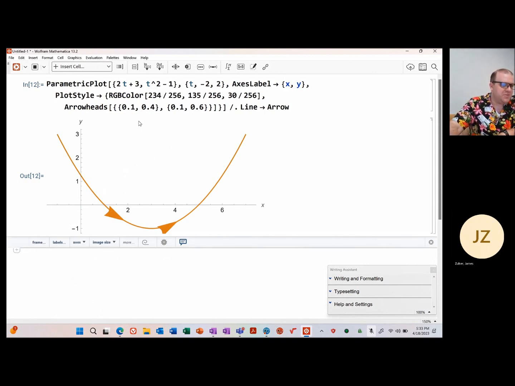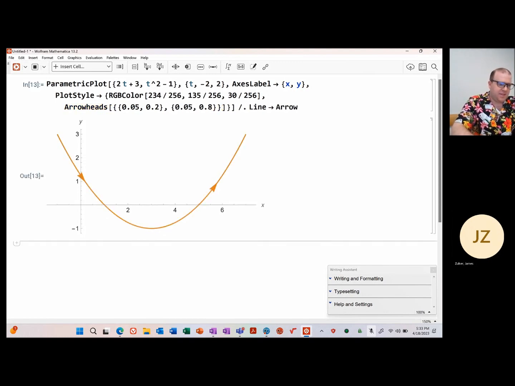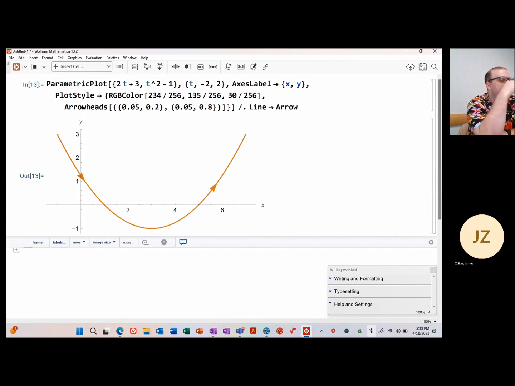Oh, those arrows are not good. Try 0.2 and 0.8. Let's see what that gives us. That's not bad. Nah, that curve is really boring.